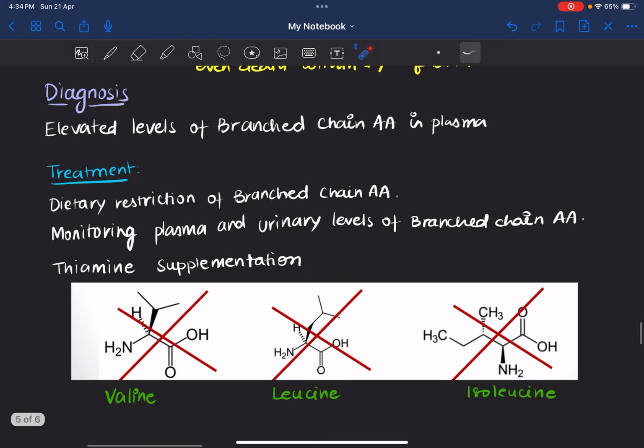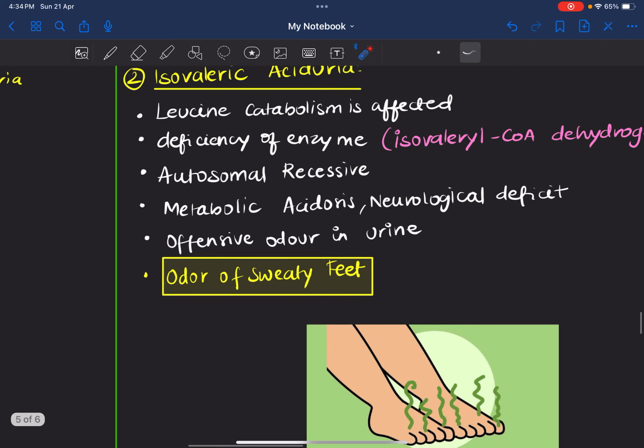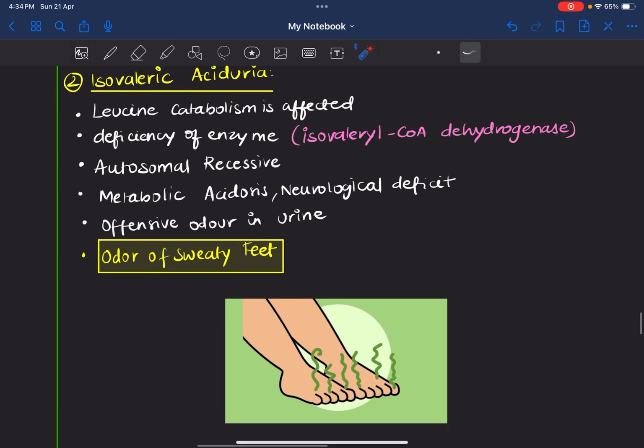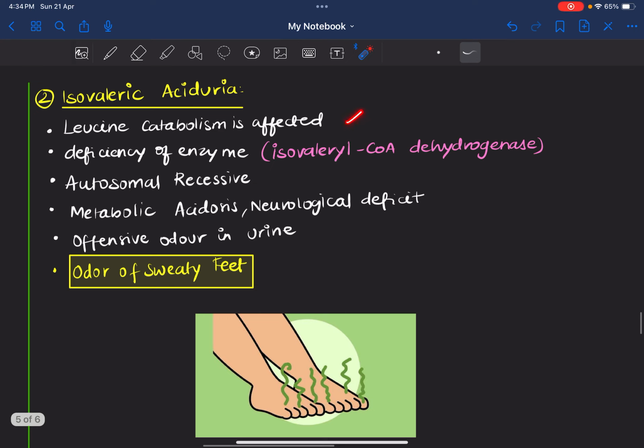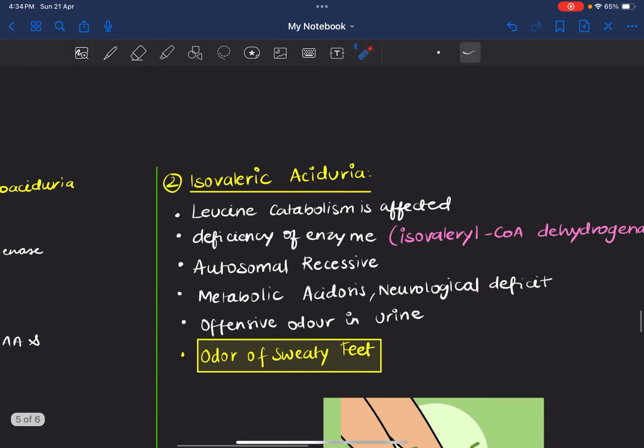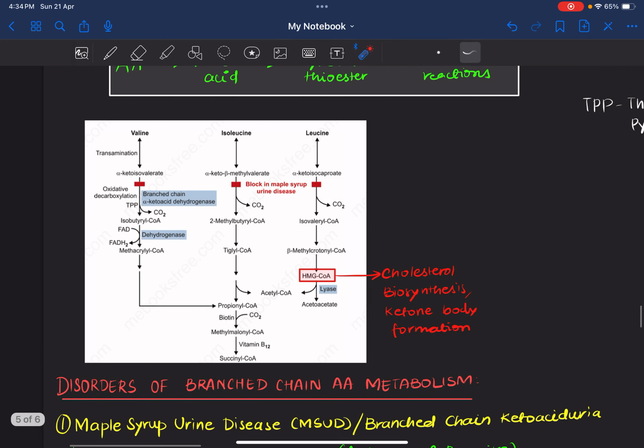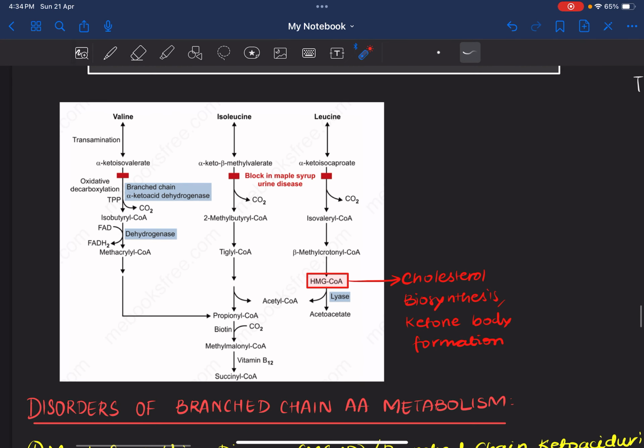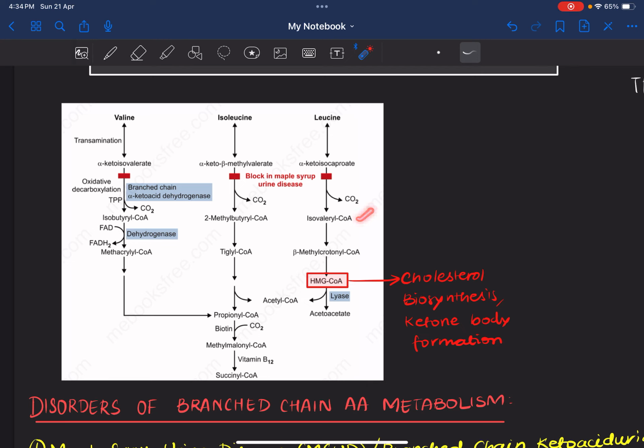Right. Let us look into the other disorder, isovaleric aciduria. In case of isovaleric aciduria, the leucine catabolism is going to be affected, and the enzyme deficient here is isovaleryl CoA dehydrogenase. That is, dehydrogenation of leucine's acyl CoA thioester is not going to occur. So isovaleryl CoA is not going to be dehydrogenated into beta methyl crotonyl CoA, right?